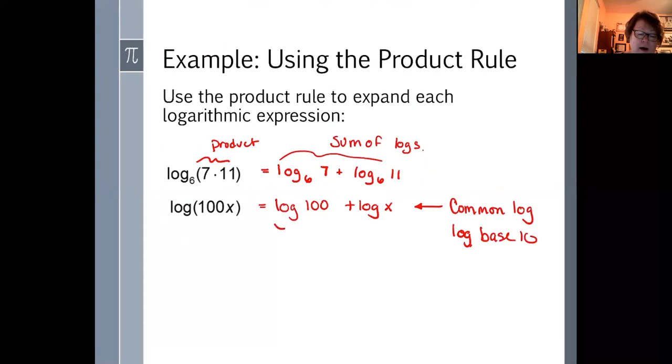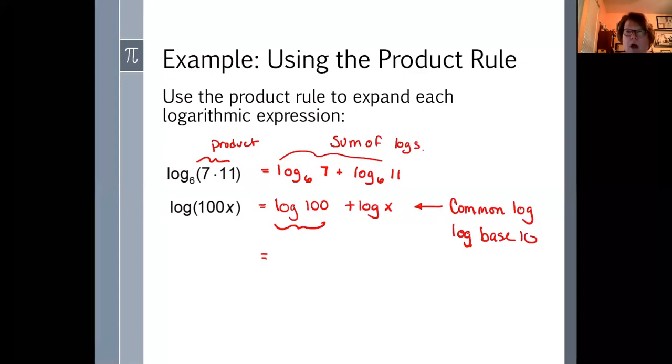So we are able then to simplify the expression log 100. Recall from section 4.2 that the logarithm is defined to be the exponent you raise the base to get the value that you're taking the log of.